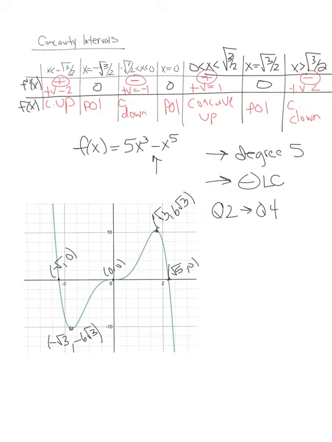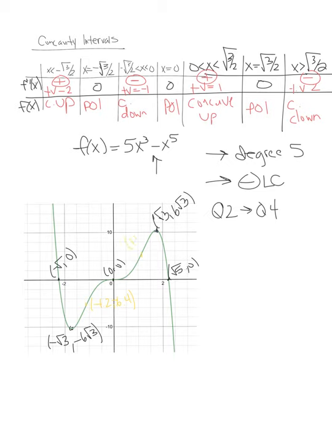If I add in the 2 other points of inflection that we found, we have one at negative 1.2 and negative 6.4, and then we have another at 1.2 and 6.4. It's a little bit more obvious.